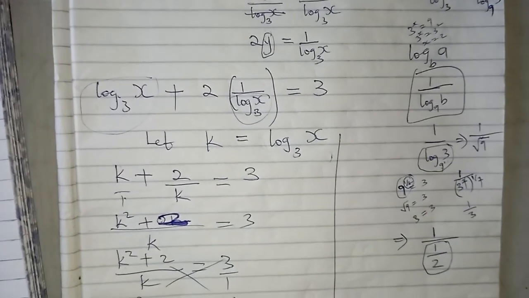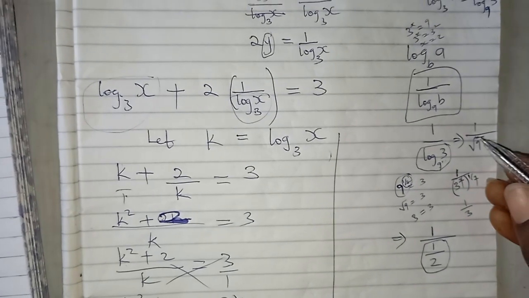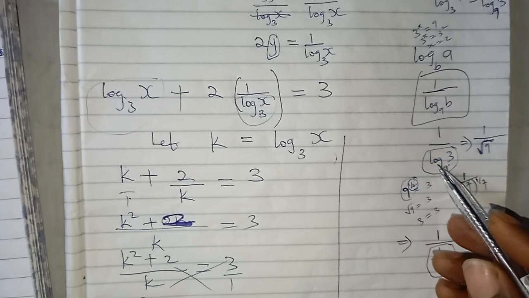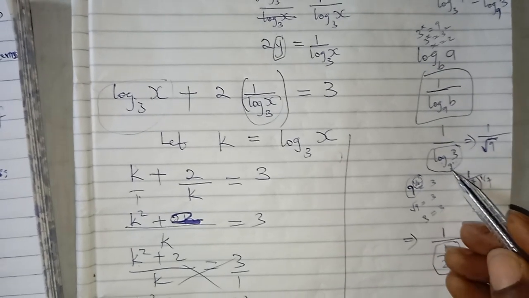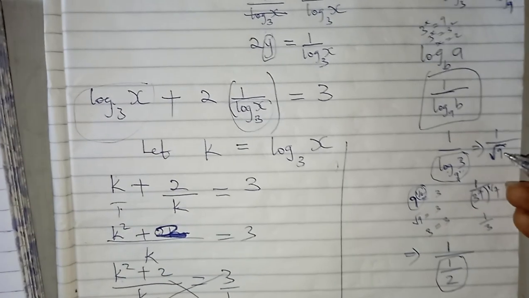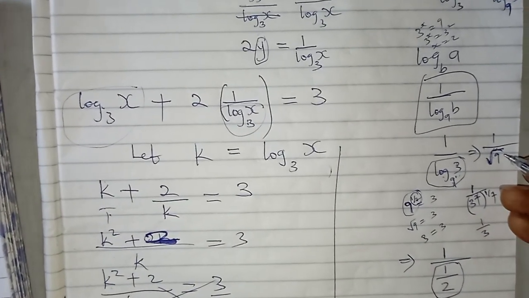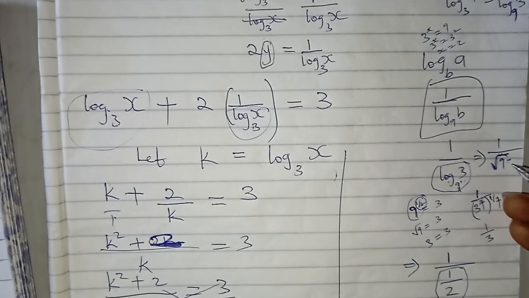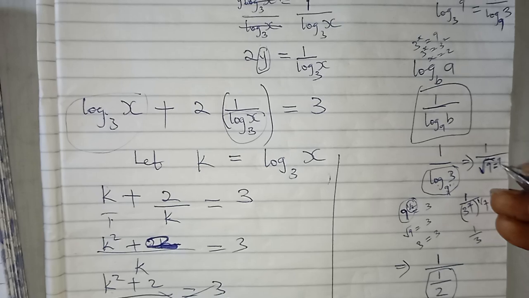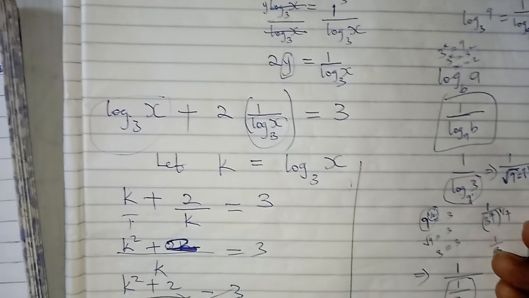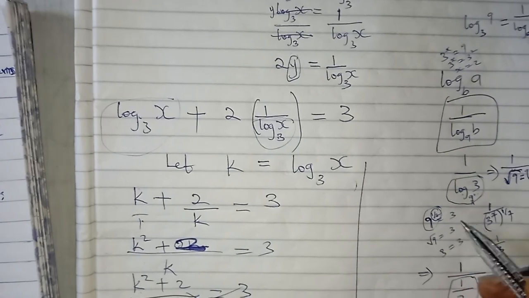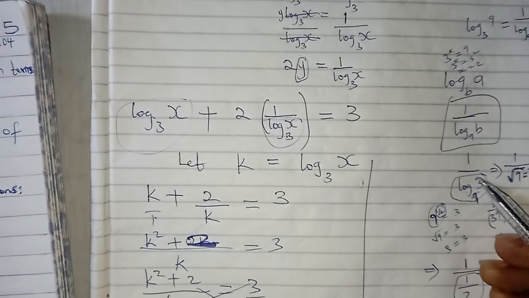The power is what I need, not this thing that I'm doing here, because when I did log 3 to base 9, it gave me root 9, and root 9 is the same as saying that 9 raised to power half will give me 3.